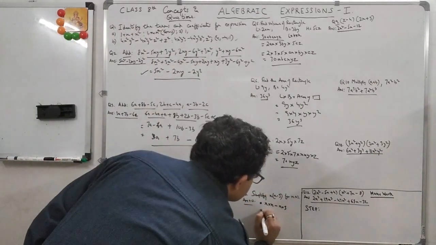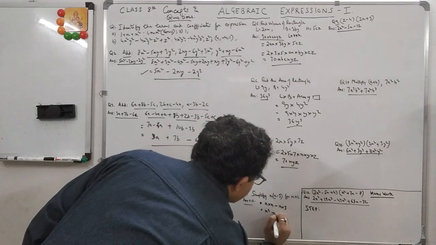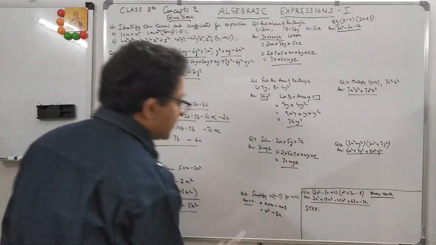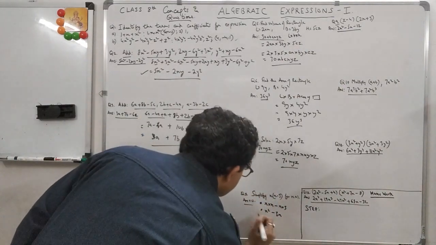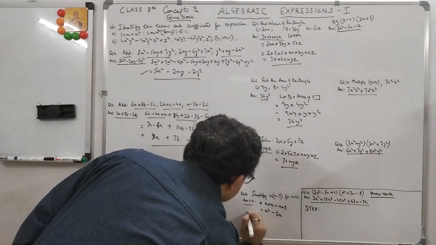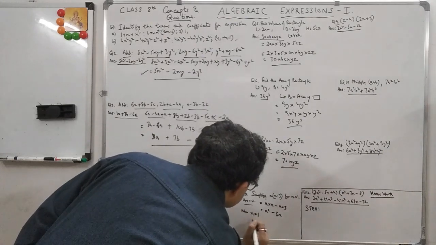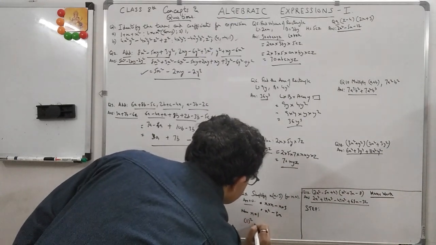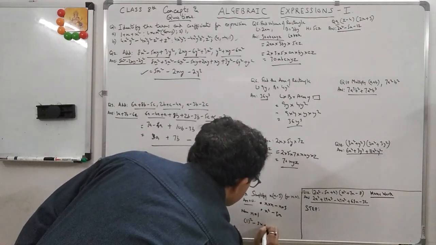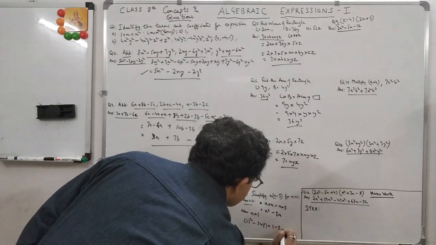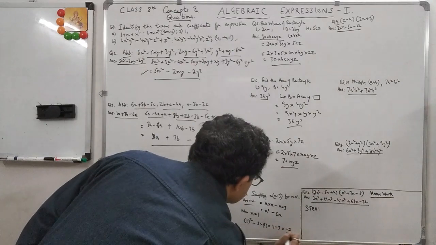So this becomes x square minus 3x. Now you just put x equal to 1. So this becomes 1 square minus 3 into 1, which is 1 minus 3, equal to minus 2.